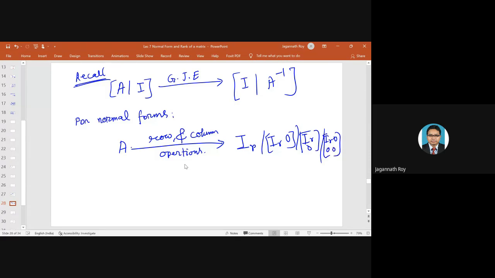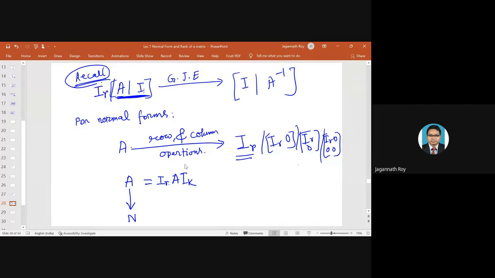We try to find this normal form, and we use this concept. So this A will be converted to a normal form. We'll write down some A, some I_r, A, and then like we have seen here, on the right hand side we put an identity matrix. Suppose this is a k order matrix, and on the left hand side we put another.